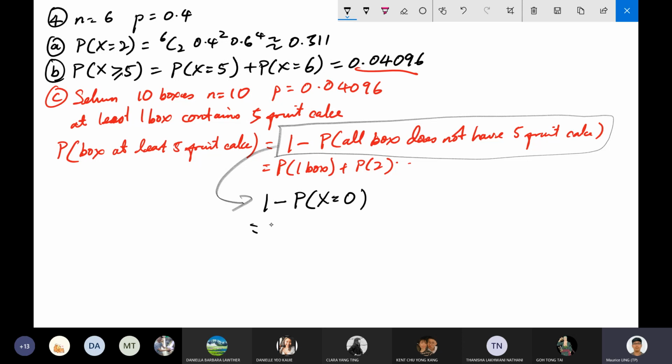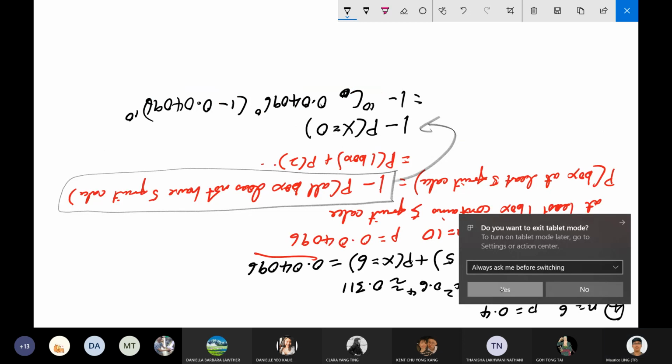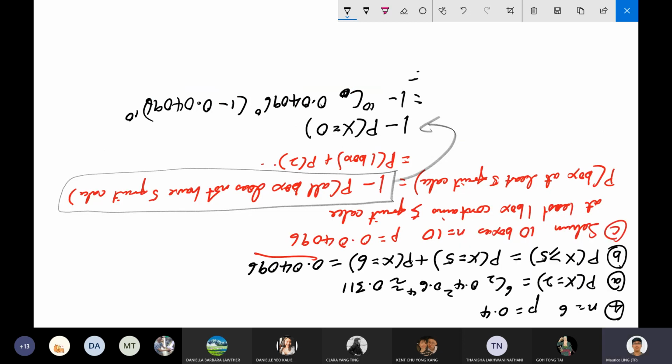So in this case, it will be 1 minus 10 choose 0, 0.04096 to the power of 0, multiplied by 1 minus 0.04096 to the power of 10. Okay, so then what you have is 0.34.